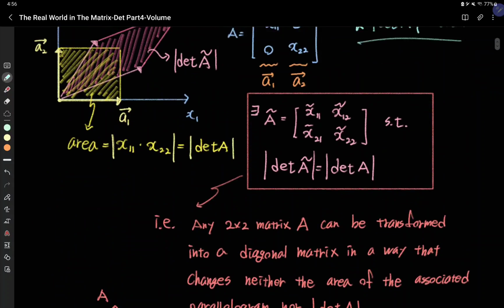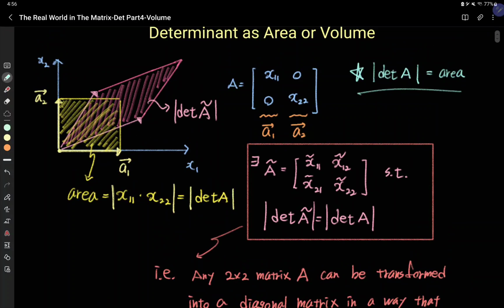Okay, so now for any matrix A, or you can say A tilde, the determinant of that matrix A or A tilde is equal to the area of that parallelogram constructed by the column vectors of matrix A or A tilde, either one is fine.